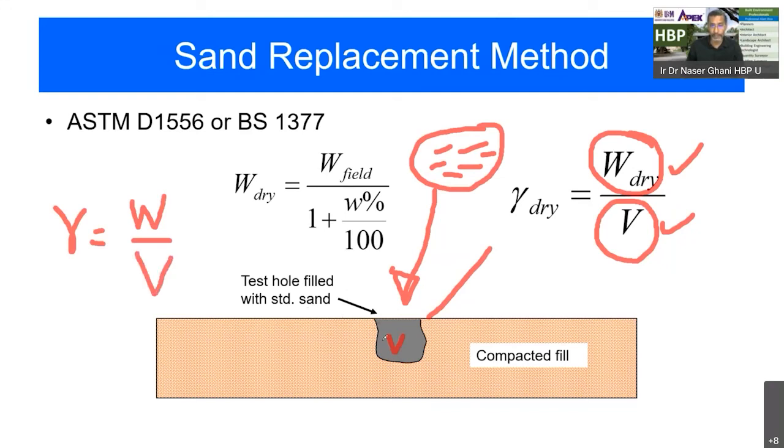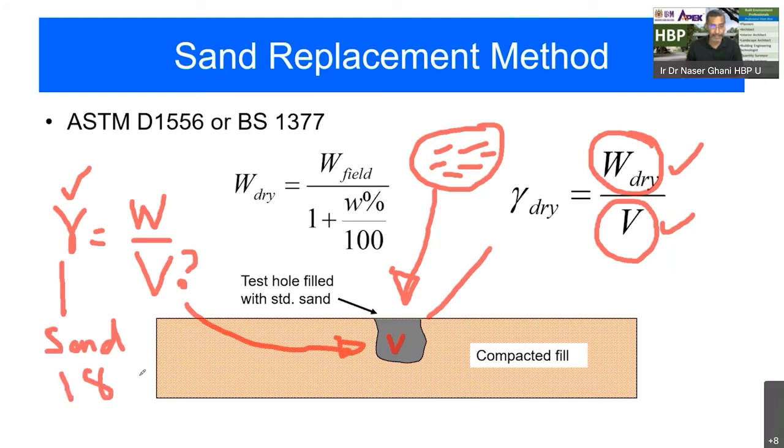Remember, the volume equals the weight over the density. So we are looking for this volume, right? This volume here. This is what we don't know. We know the density. How? Because standard sand has a standard density, let's say 18 kilonewton per meter cube.